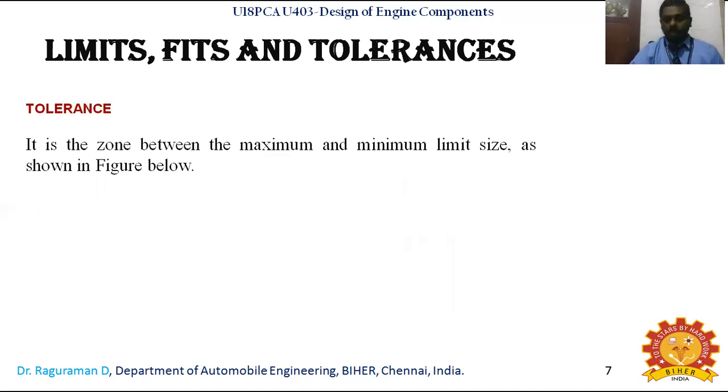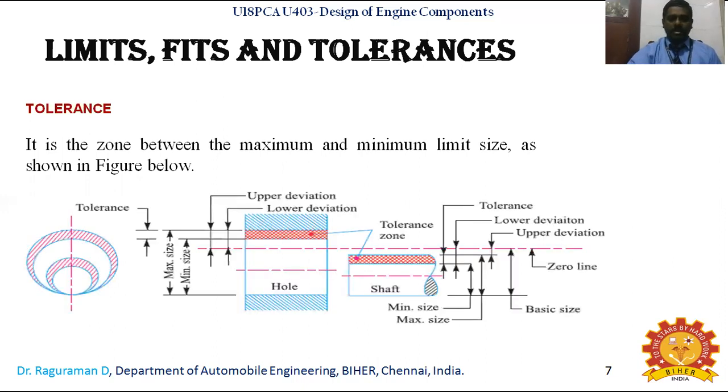So tolerance means what? It is a zone between the maximum and the minimum limiting size as shown in this figure. So you can see the tolerance zone for the case of the shaft basis and for the case of the hole basis. So you will be having the acceptable minimum size and maximum size.